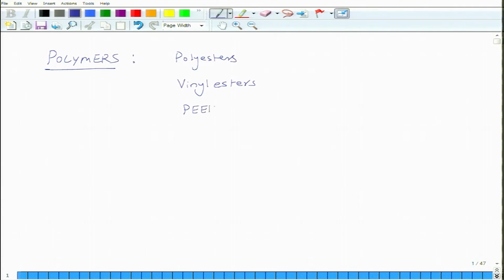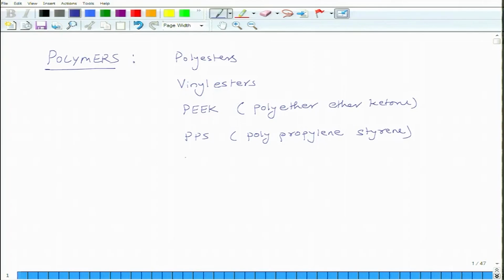This is a short form for polyether ether ketone, and we will learn more about some of these materials. Then we have PPS, this is polypropylene styrene, nylon. Then we have polycarbonate materials.